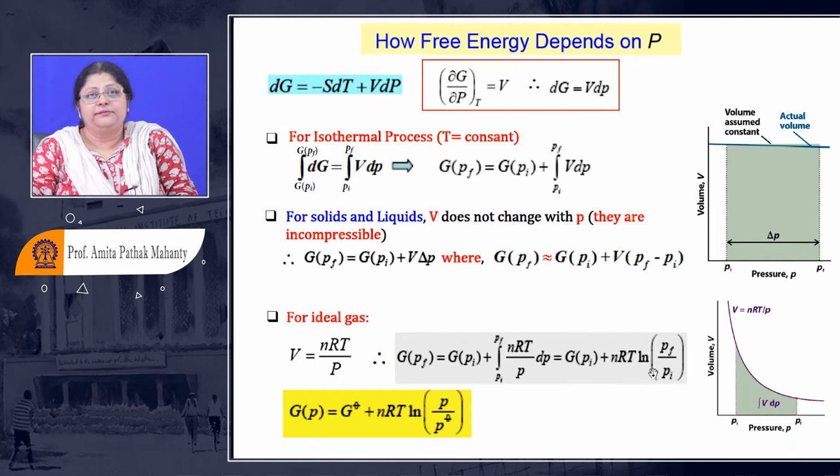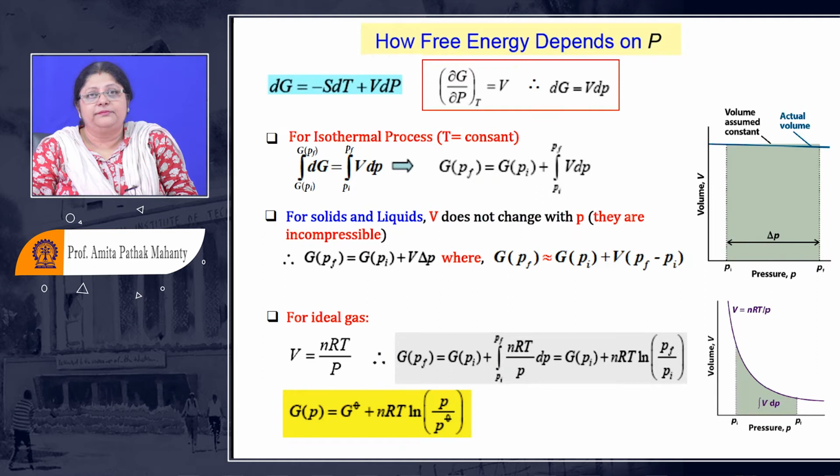Now, when I write this equation in terms of G naught, that means the standard state is what we are defining. This is G naught, and this is going to be P naught. And what is P naught? Standard pressure is defined as 1 bar.